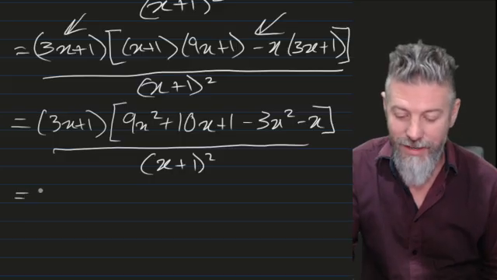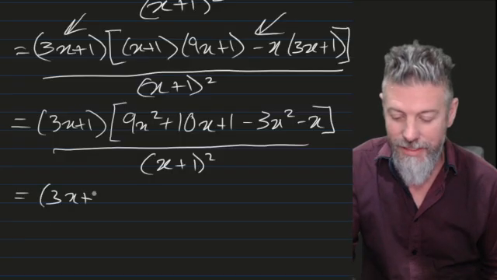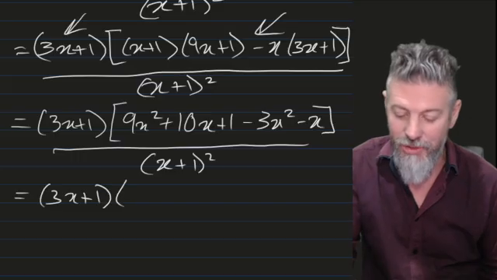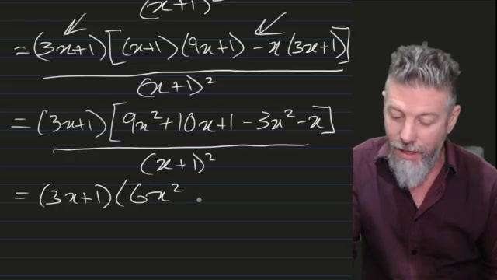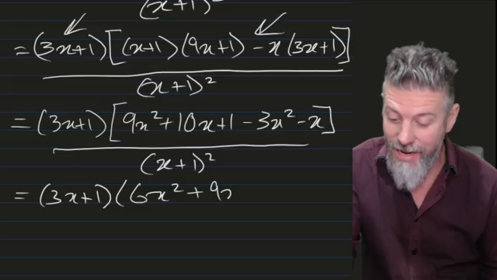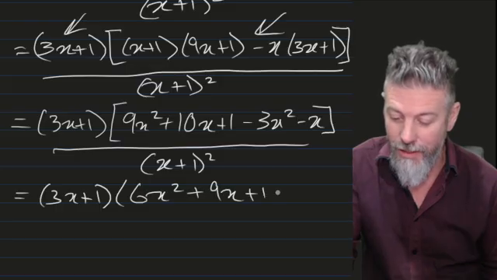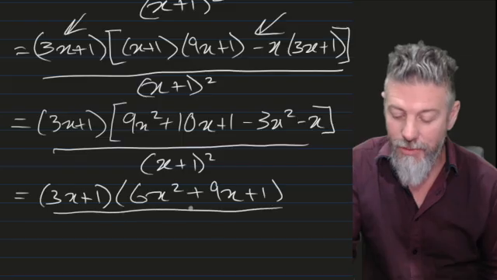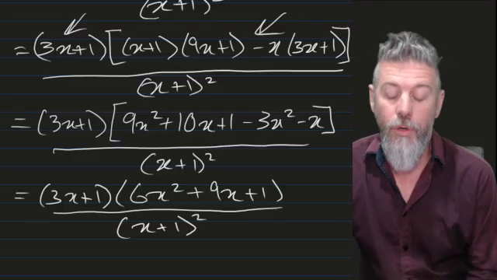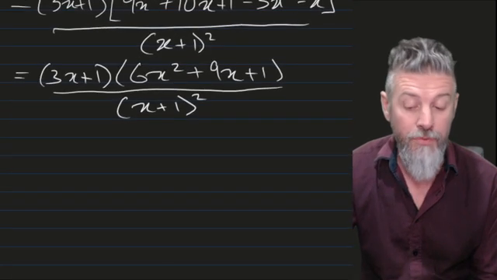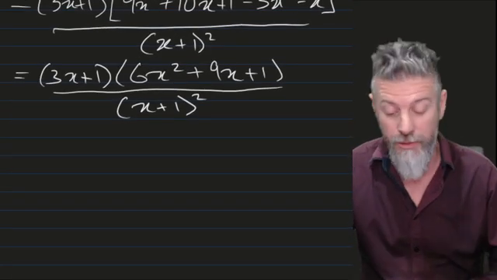And then I'm going to see what this quadratic in here looks like. 6x squared plus 9x plus 1. And when I say I'm going to see what this quadratic looks like, what I'm actually going to see is, is the discriminant positive? Because if it was, we would have further zeros that will come from there in the future.